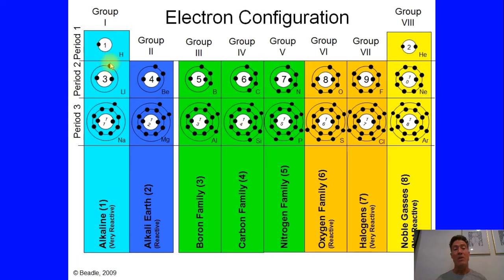And so when we do that, here's each electron depicted in each shell. So this is 1s1, 1s2.